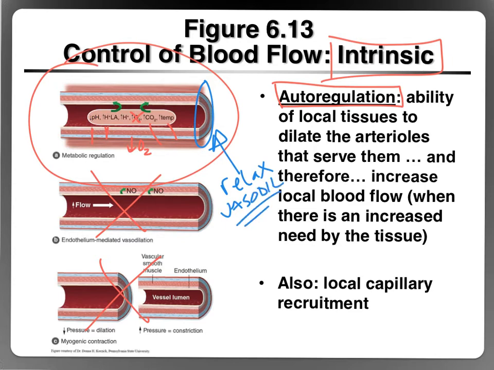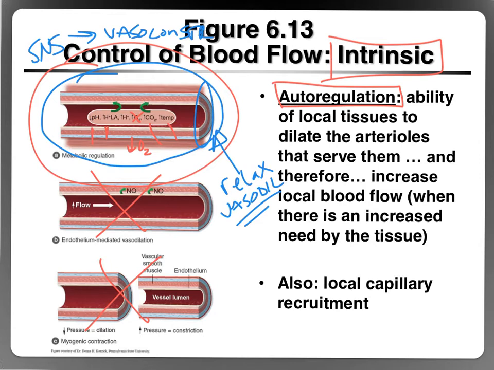Remember, we're exercising, so we've got that SNS response, and the SNS is telling all the arterioles in your body to vasoconstrict. But areas in your body that are experiencing an environment like this are going to override that vasoconstriction on their own through autoregulation.